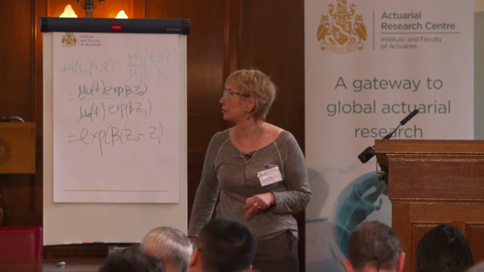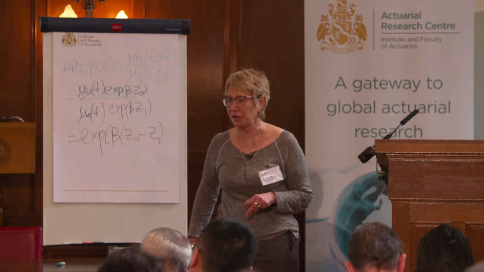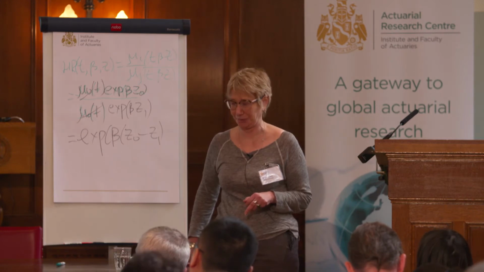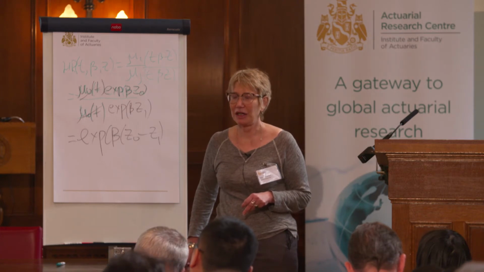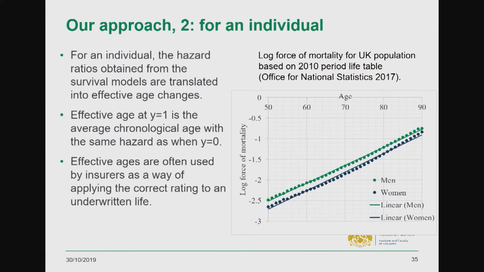Another nice thing about these calculations of effective age is that the hazards of mortality usually are pretty linear between the ages of, say, 50 and 90. This is the data from period life table centered at 2010. And we fitted two straight lines on the log scale to males and females.